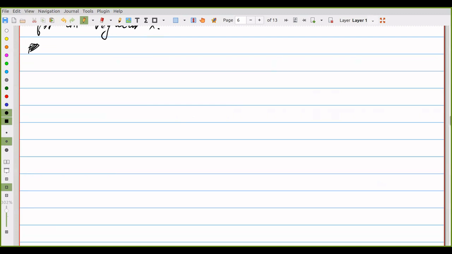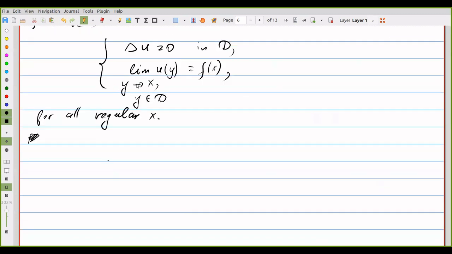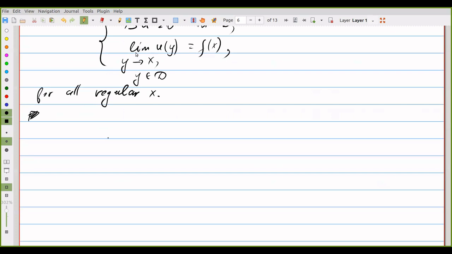Now, the boundary part is already proven by us, so we just need to check the first part. The argument is classical. So let us take x belonging to the interior of D. Then there exists some R such that B(x,R) belongs to D because D is open.